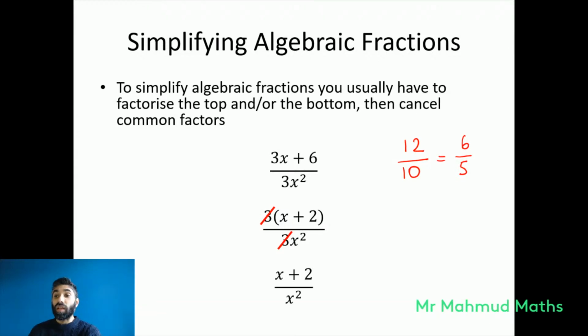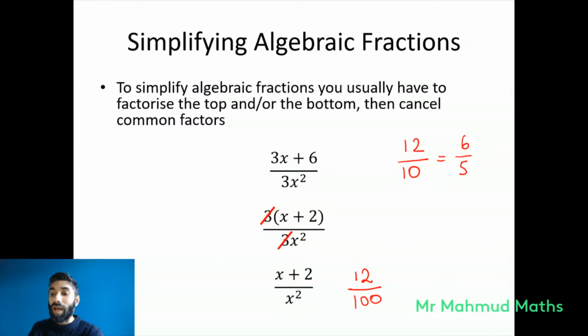Now, you must be thinking, can't I cancel the x and x squared out? Why can't we cancel the x and x squared out? Any ideas? I'll give you an example. Let's think of a number, say x equals 10. If I replace x by 10, on the top I will have 10 plus 2, which is 12. At the bottom, 10 squared will be 100.